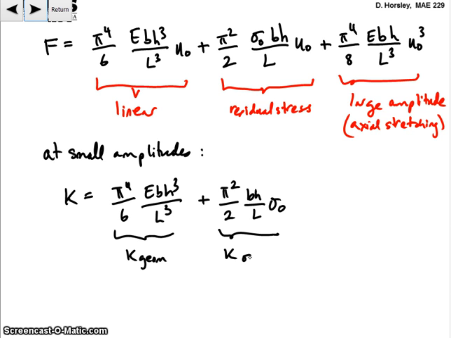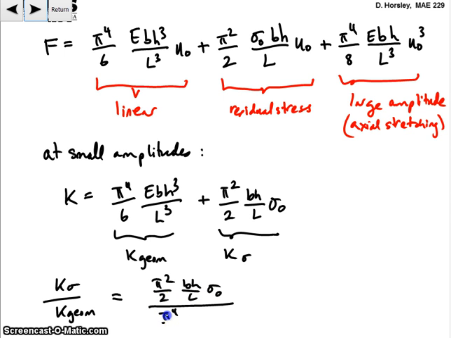And just like we did before, let's compare the ratio of those two things: K sigma naught divided by K geometric. That's pi squared over 2 BH over L sigma naught over pi to the 4th over 6 EBH cubed over L cubed.